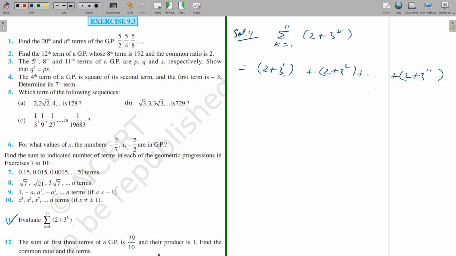We can see very clearly that 3 is coming with powers 3 raised to 1, 3 square, like this. How many brackets will be in total of this kind? There will be 11 brackets, and so that means 2 is coming how many times?